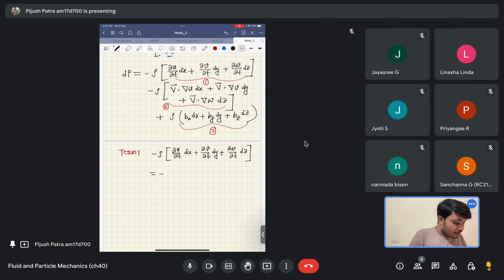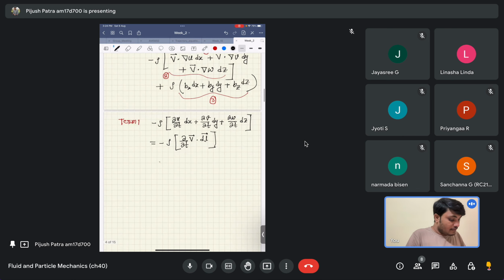I can write it in this form: rho into ∂/∂t of v vector dot dl vector. Is that right? So it is as simple as minus rho ∂v vector/∂t dot dl vector.